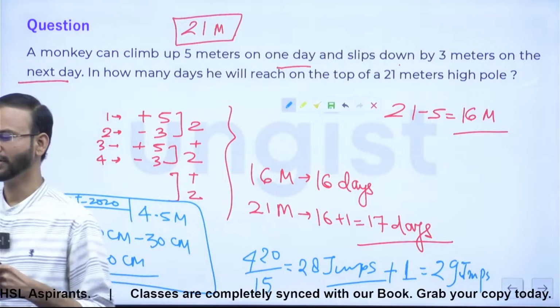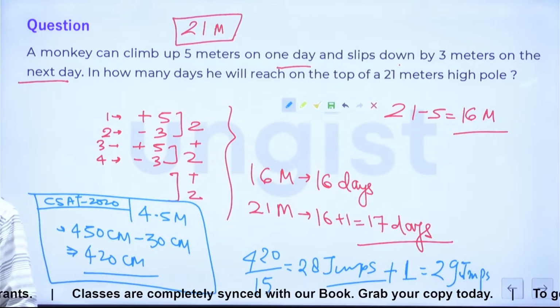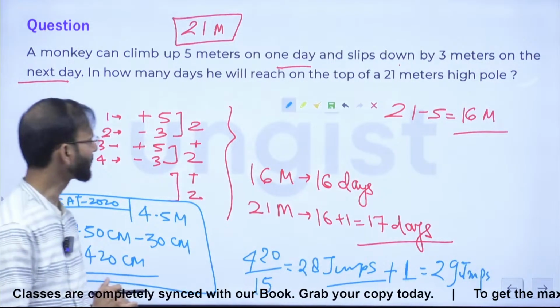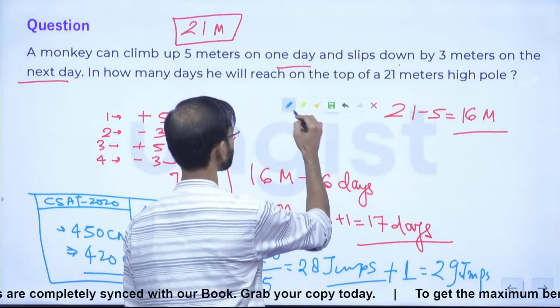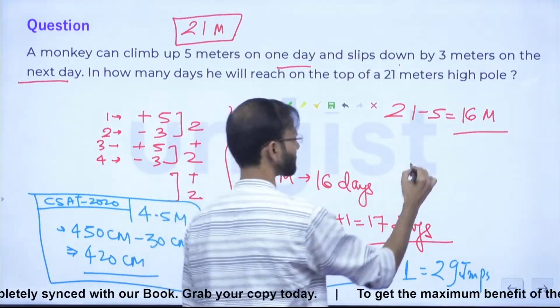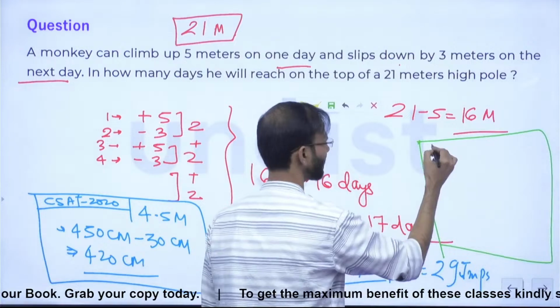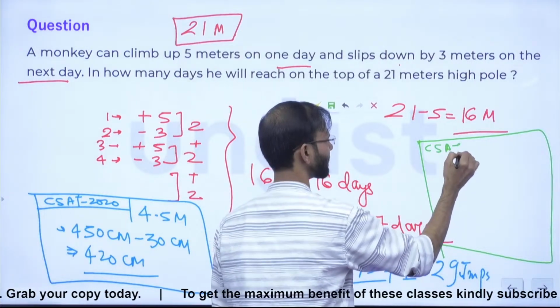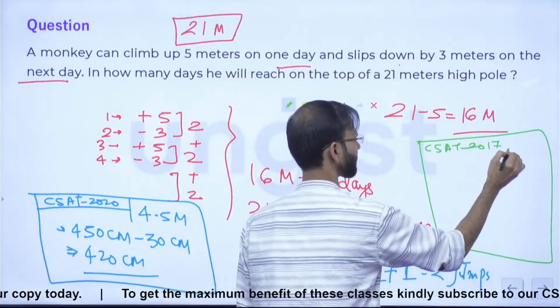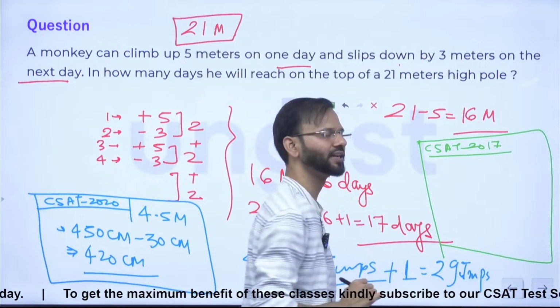See, everyone, the question is saying if each of them requires 40 chances to reach the top. इसका मतलब क्या होता है? मैं इस क्वेश्चन को यहां पे करूंगा, ठीक है? This is CSAT 2017, guys.